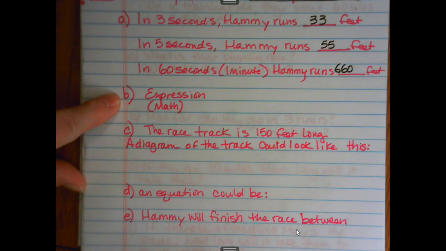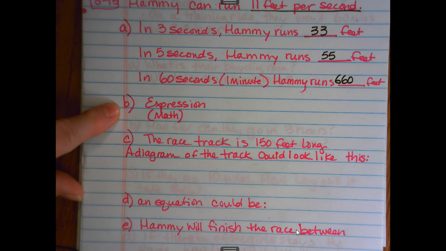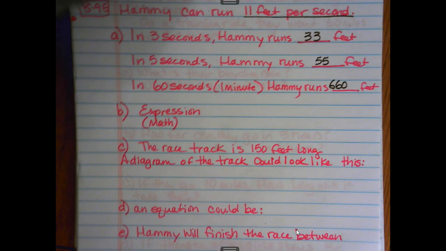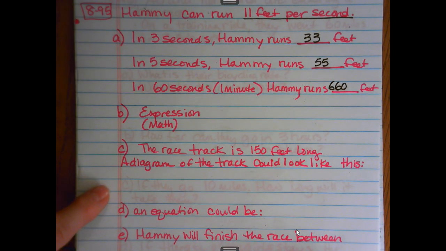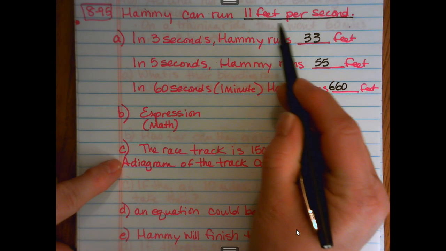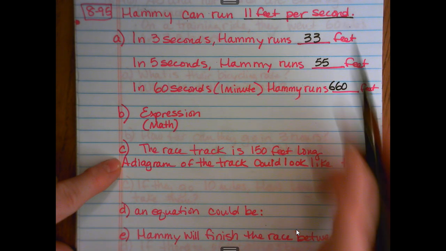They are asking us to come up with an expression. An expression is something that does not have an equal sign. And we're going to go back up here to our underlined piece of information, 11 feet per second.